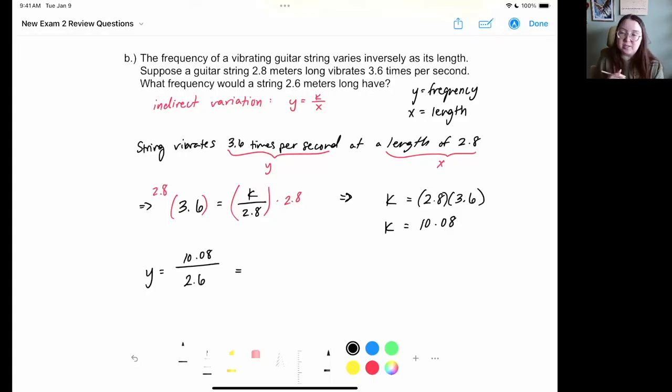So we go into our calculator, divide 10.08 by 2.6. For this type of question, it doesn't state it here, but we're going to round to the nearest hundredths. That's the 2 decimal places. And when we round that, we're going to get 3.88. That's going to be our frequency.